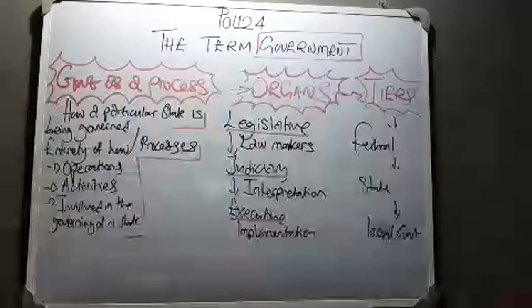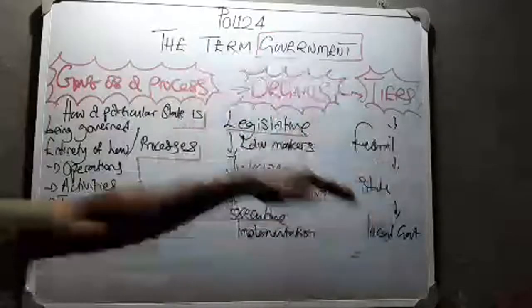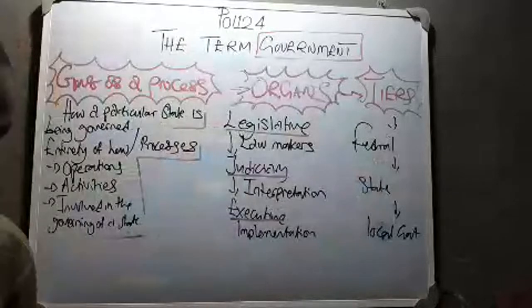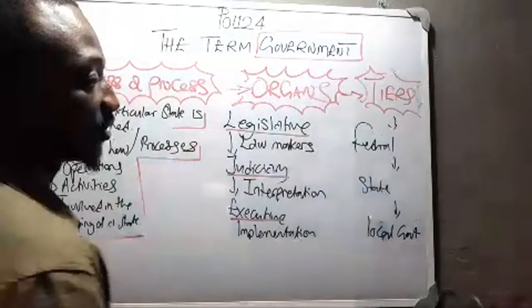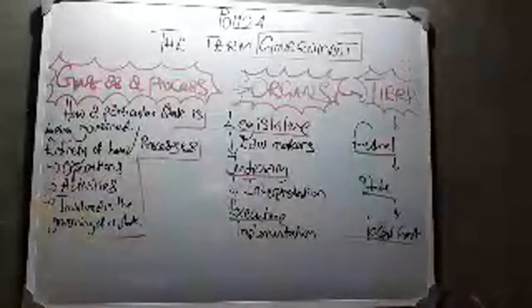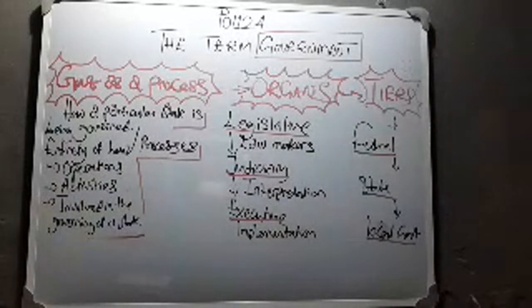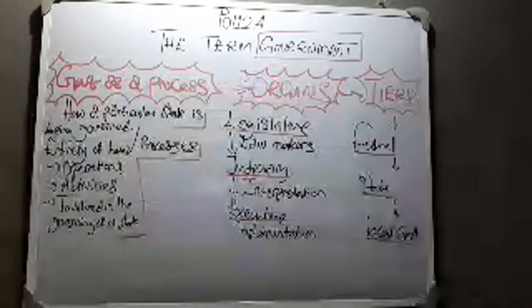As a process, you can see the breakdown: federal, state, and local governments. And this is all we have under government as a process.